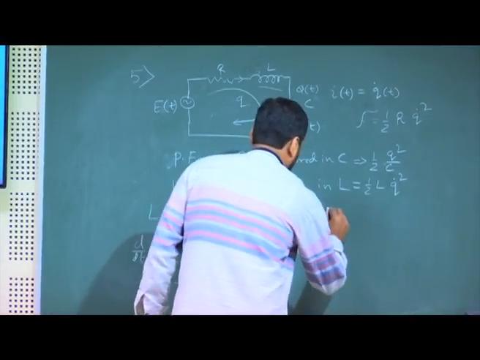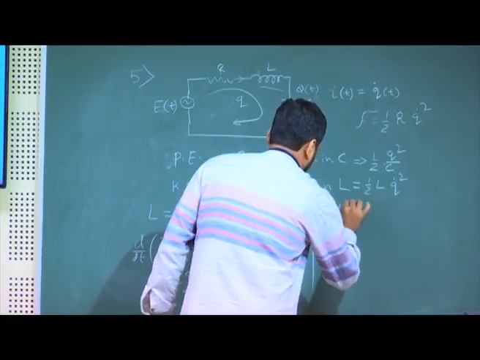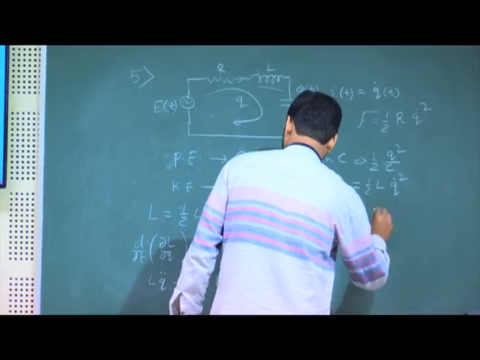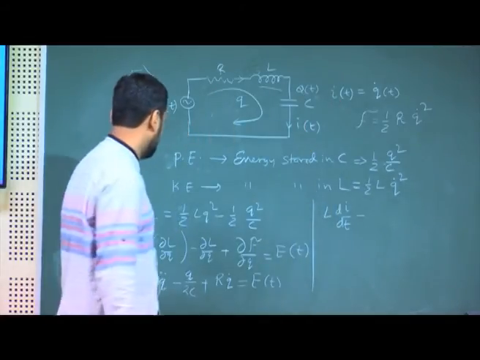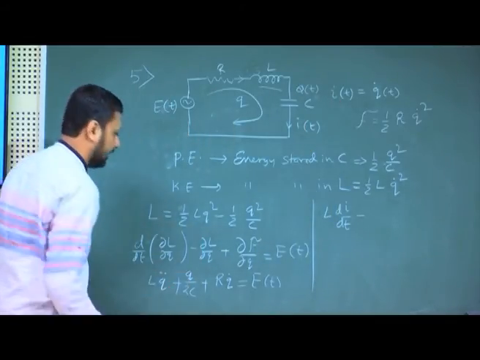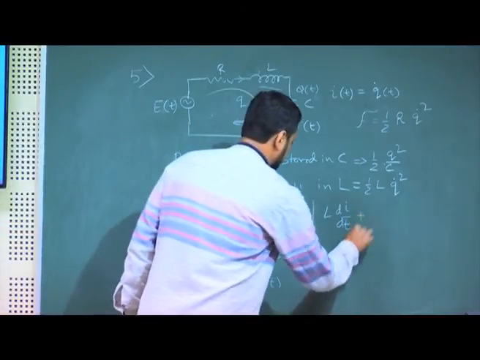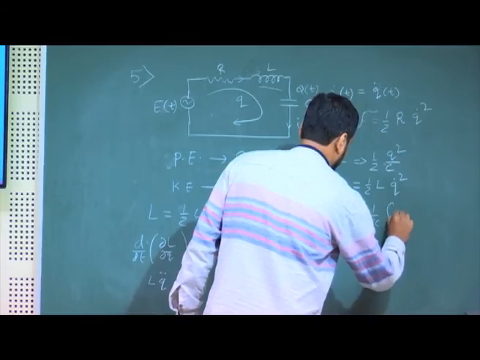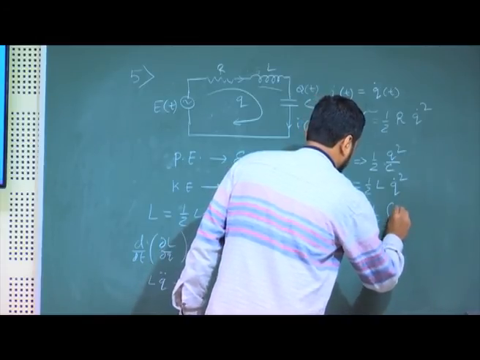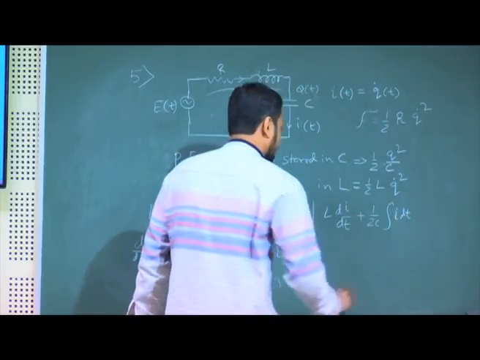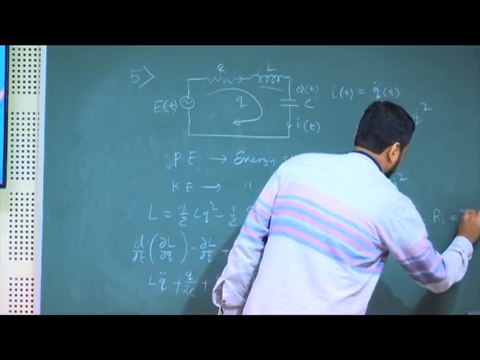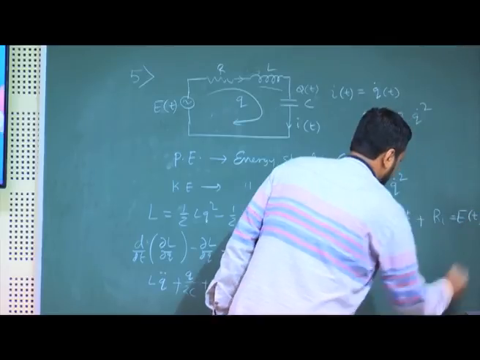It will be L dI dt, plus, sorry, it will be a plus sign here, plus 1 by 2 C integral I dt plus R I equal to E of t.